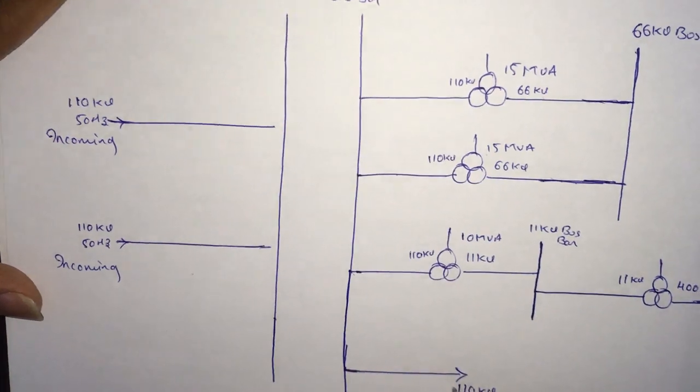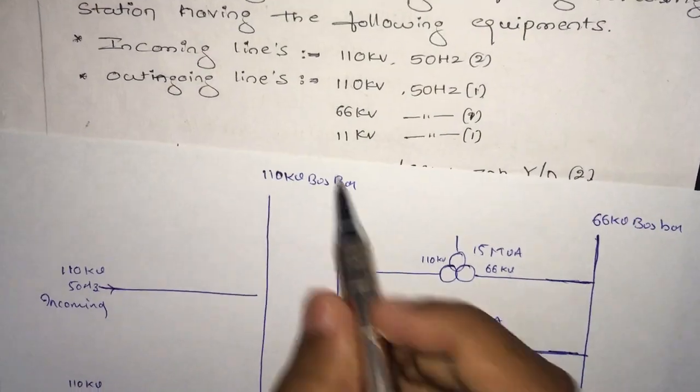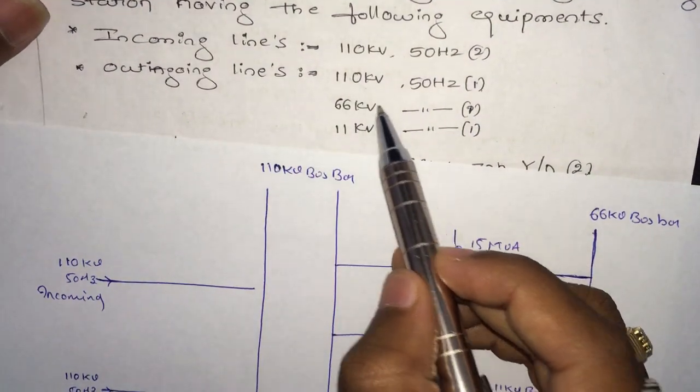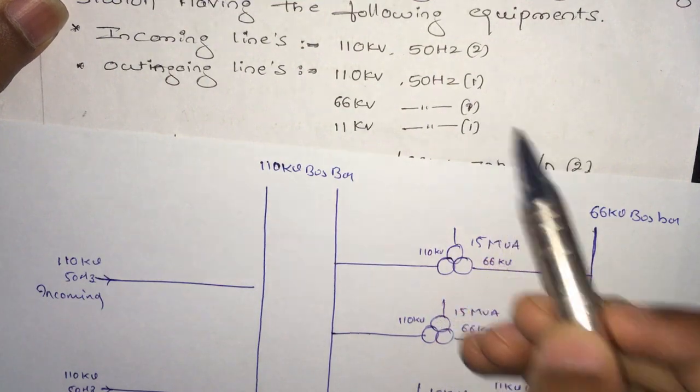These are incoming, and here it is the outgoing line. Okay, first outgoing line is complete, and the second outgoing line is 66 kV 50 hertz, one outgoing.